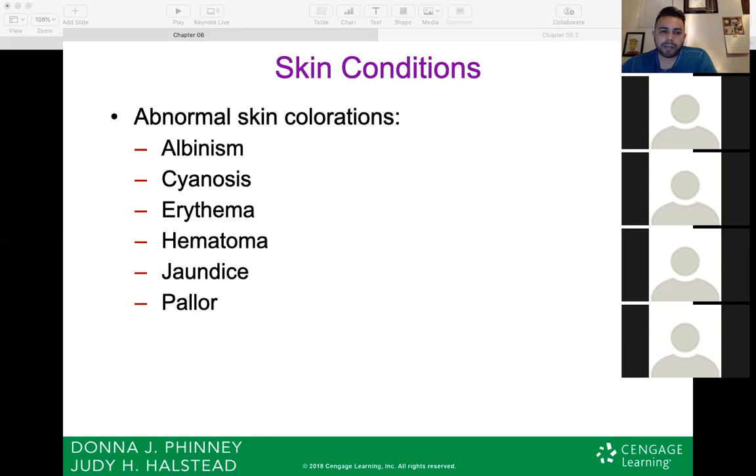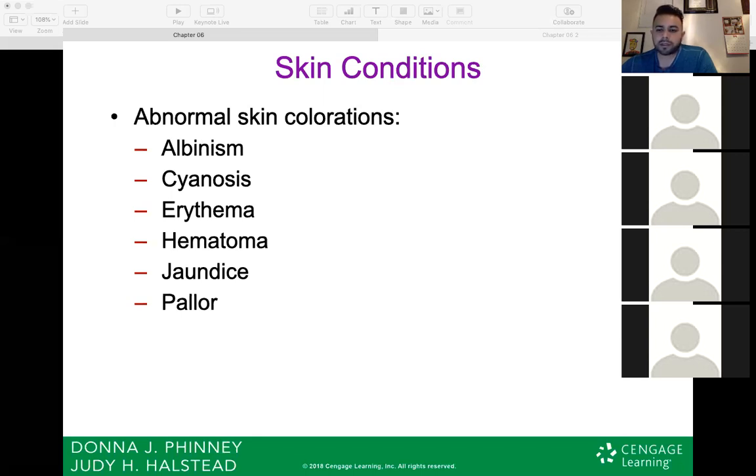So somebody with albinism we refer to as albino people. Those are people with no pigment in their skin, and it's that pigment that protects their bodies from UV radiation. So people with albinism have to be really careful when they go out into the sun, wear lots of sunscreen, and sometimes still they can get sunburns very easily.